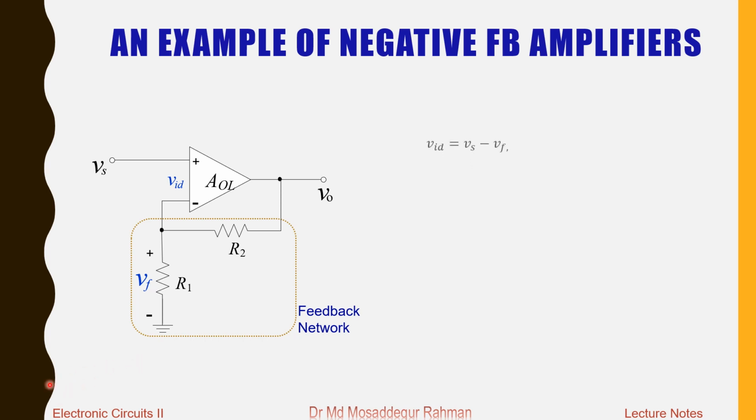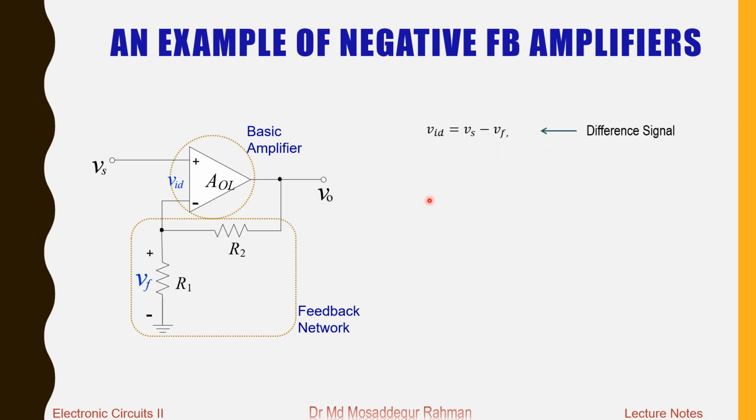The op-amp itself is the basic amplifier with an open loop gain AOL. Now you see that all the components of the feedback amplifier are obvious from this circuit. R1 and R2 together make the feedback network, and the op-amp is our basic amplifier. VID, the difference between Vs and Vf, is our difference signal.